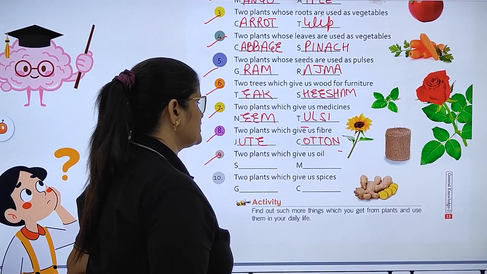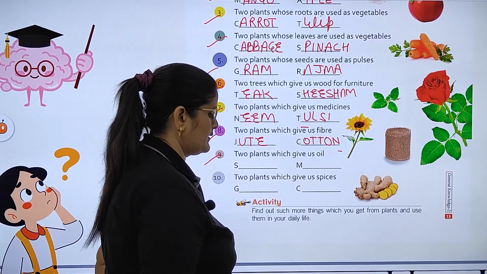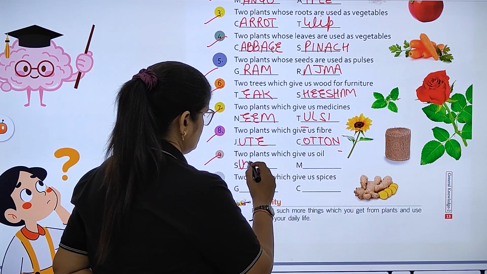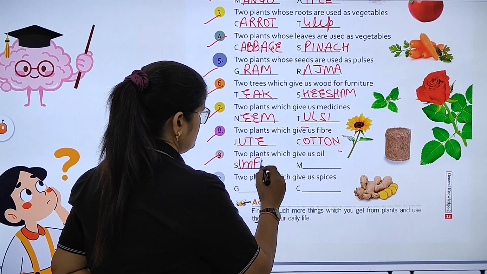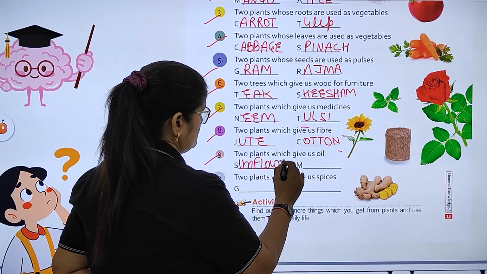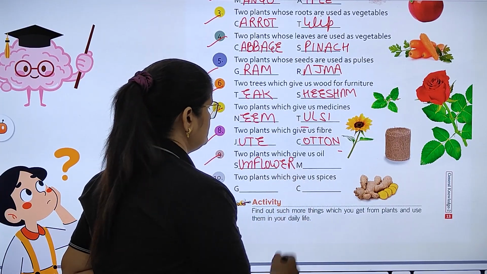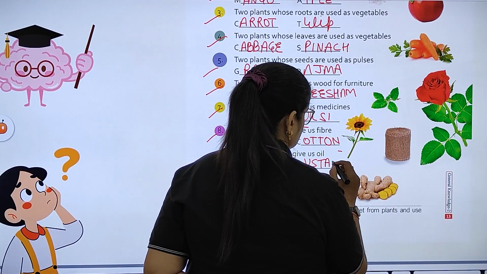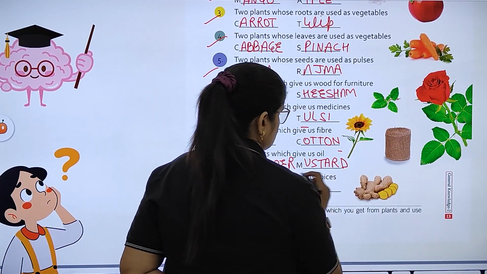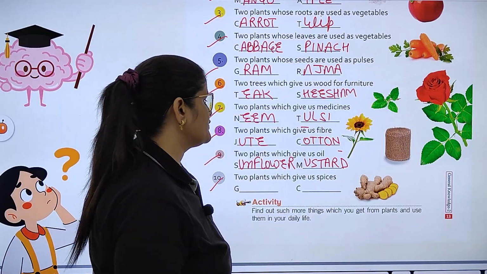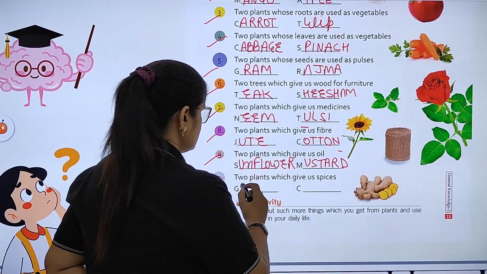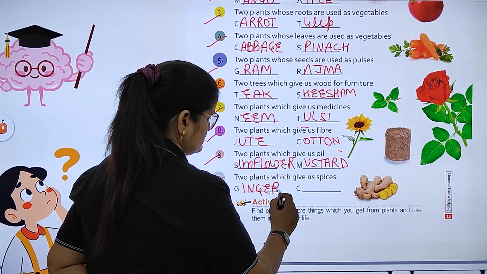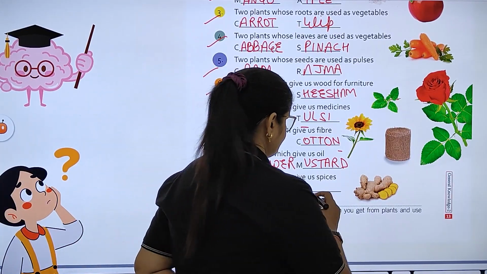Two plants which give us oil: sunflower, mustard. Two plants which give us spices: ginger, cumin.